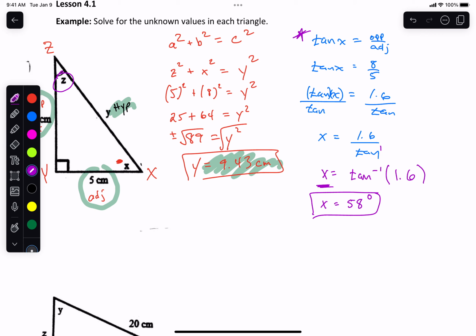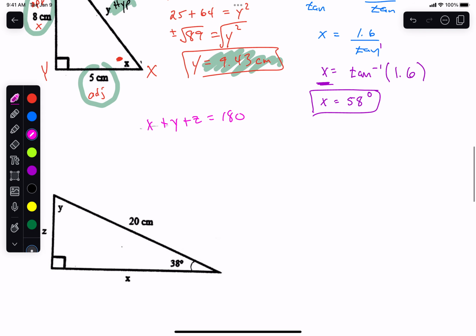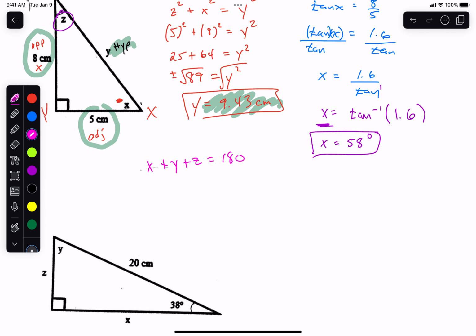When you sum up the interior angles of a triangle, any triangle, doesn't have to be right angled, they have to add to 180 degrees, which means X plus Y plus Z has to equal 180. You know Y is 90, and you just found X. So it's 58 plus 90 plus Z.